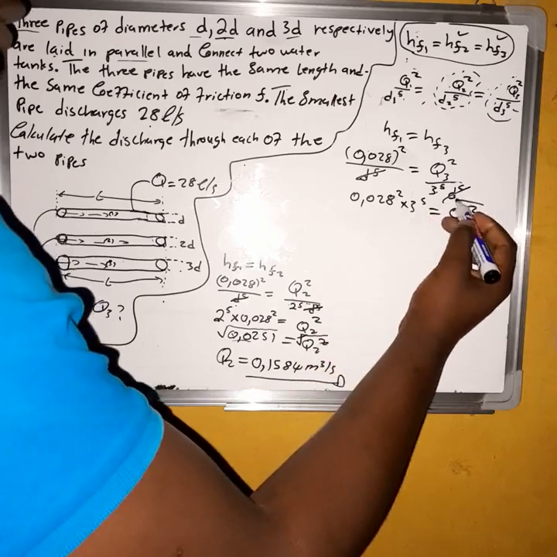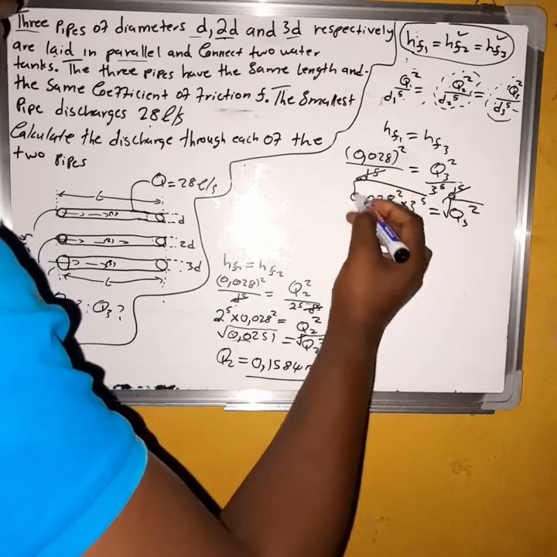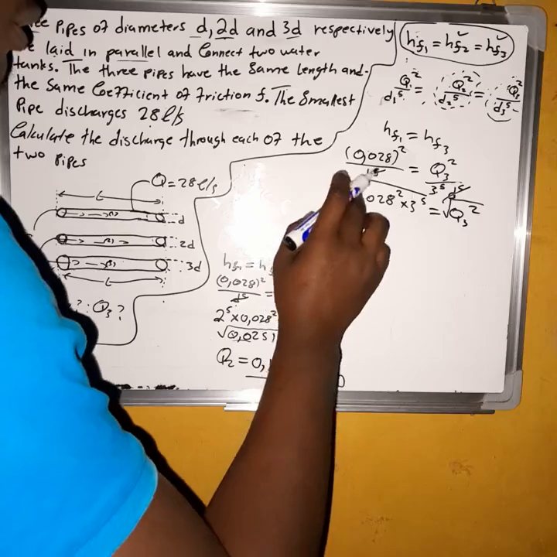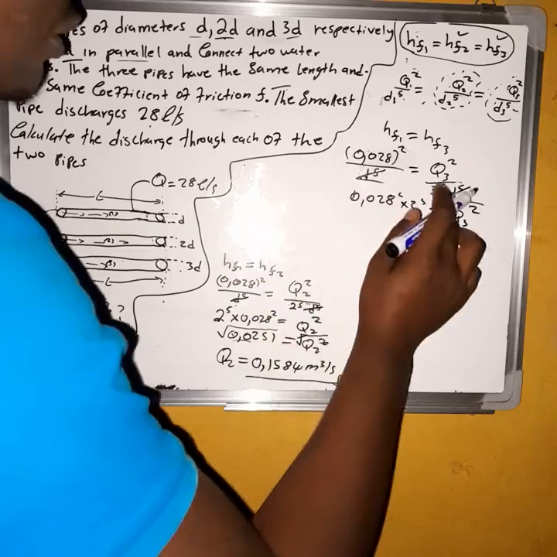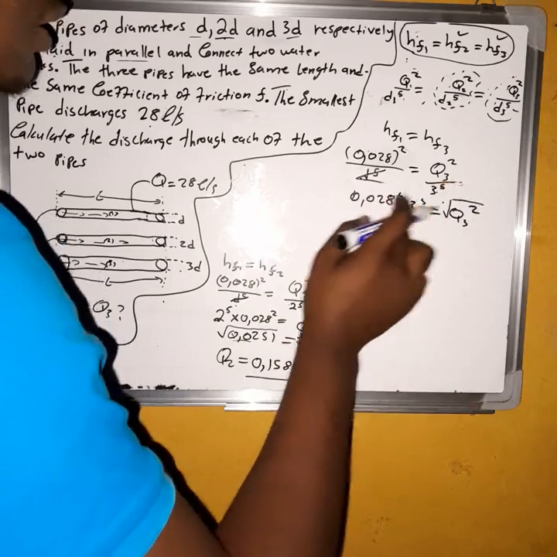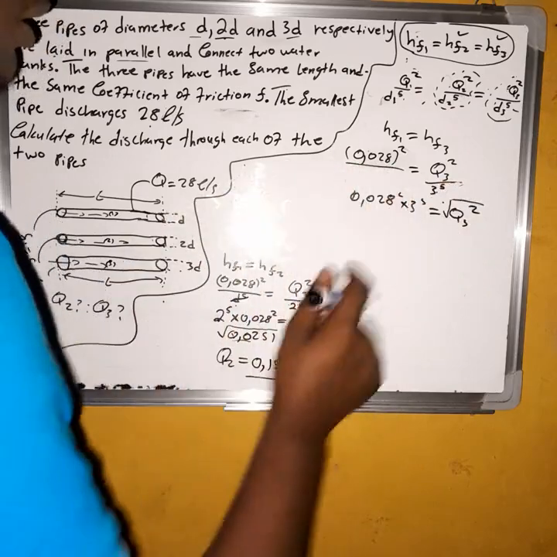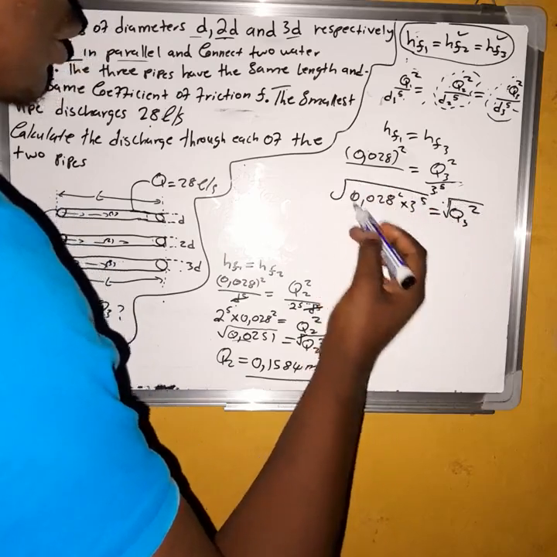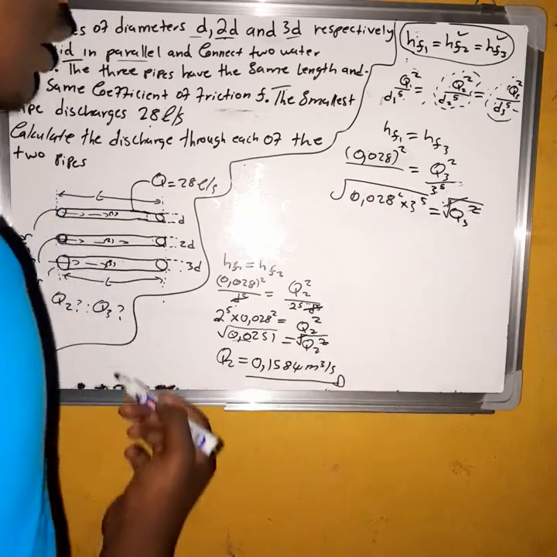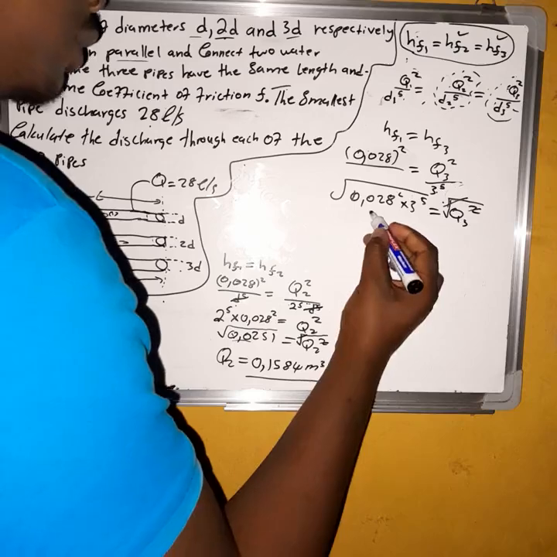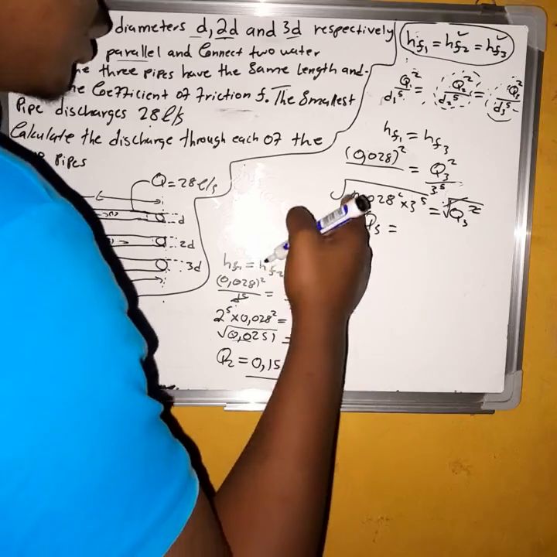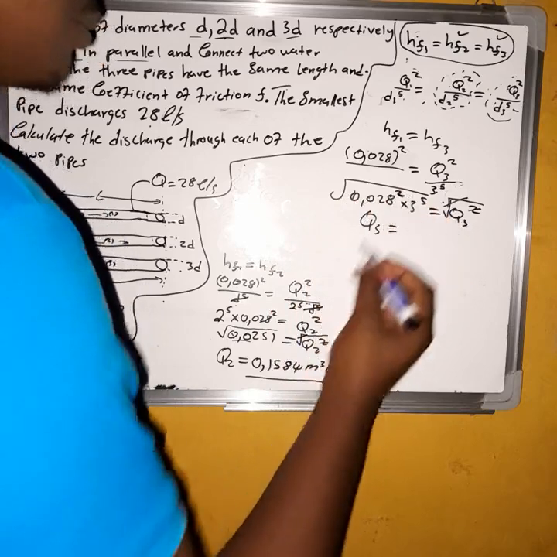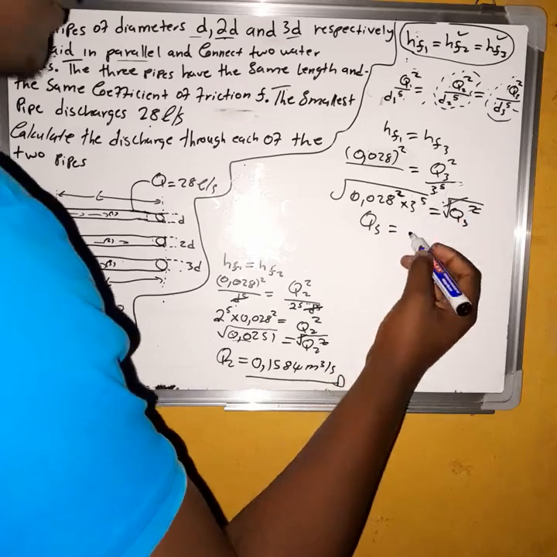Take the square root of both sides. This and this cancel. We'll have Q3 equal to the square root of 0.028 squared multiplied by 3 to the power 5.